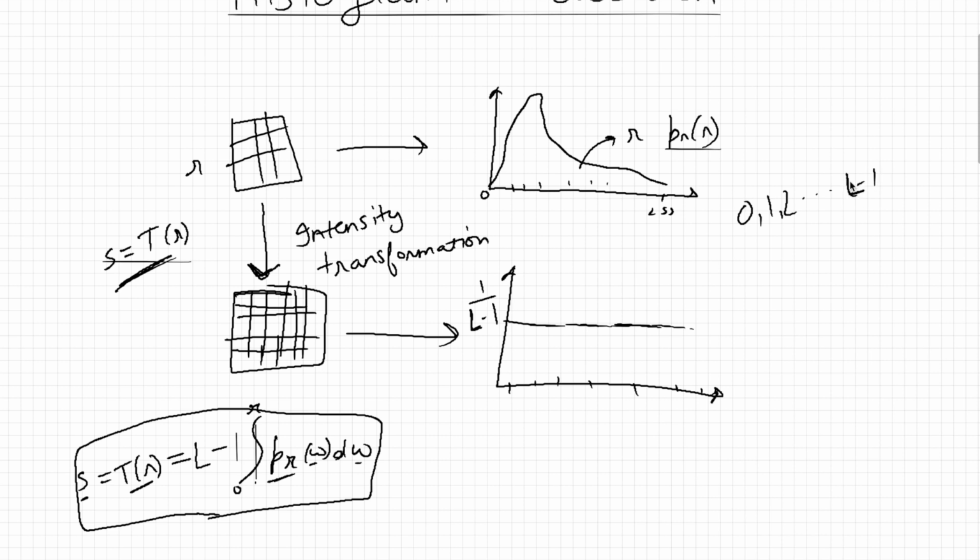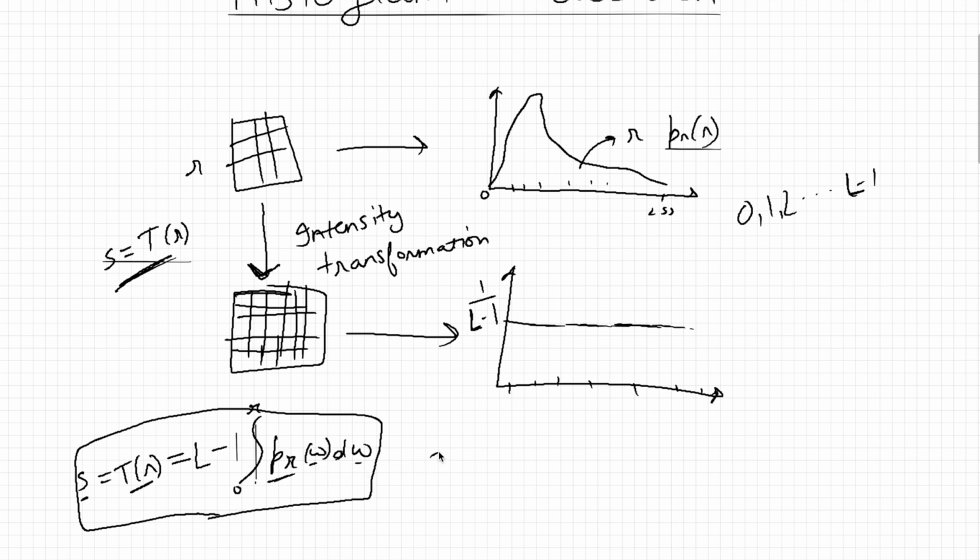L is the number of discrete intensity levels. And since it is not continuous, we cannot use this formula here, so we need to make a little modification.